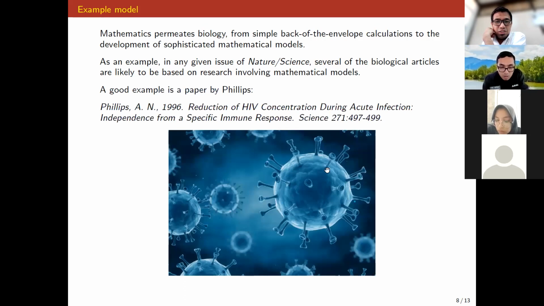This is one good example. The paper was written by Phillips in 1996. He discussed the reduction of HIV concentration during acute infections, independence from a specific immune response. But you can see, just by googling this paper, you can download it for free. You can get the PDF of this paper.